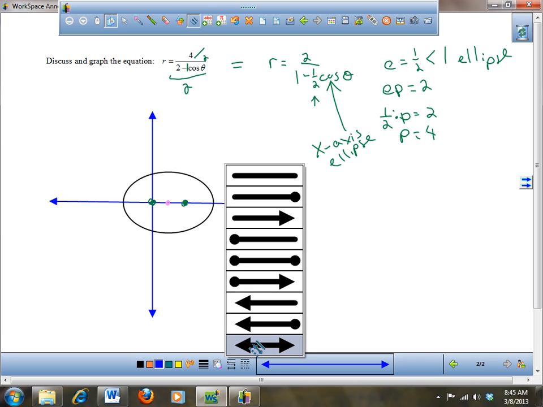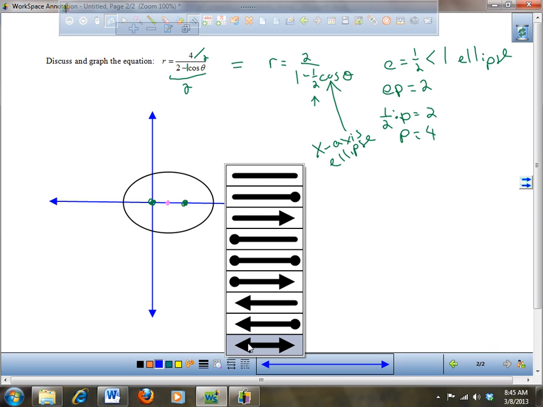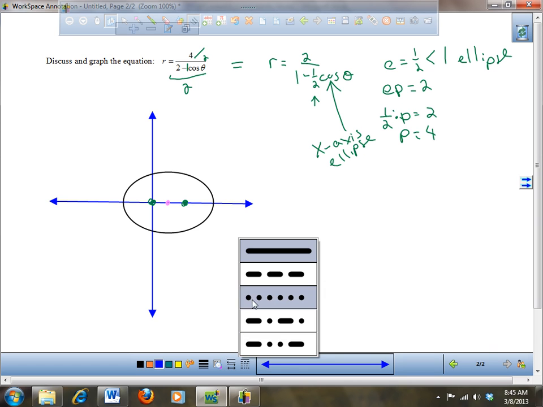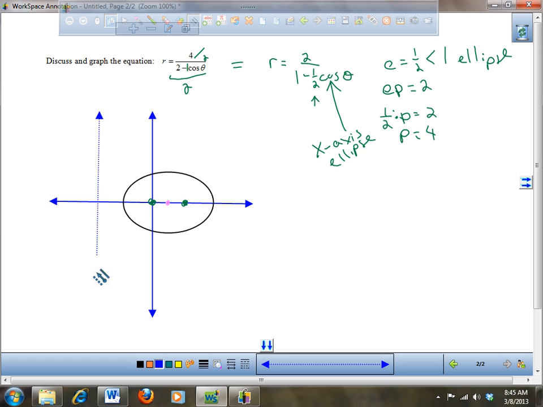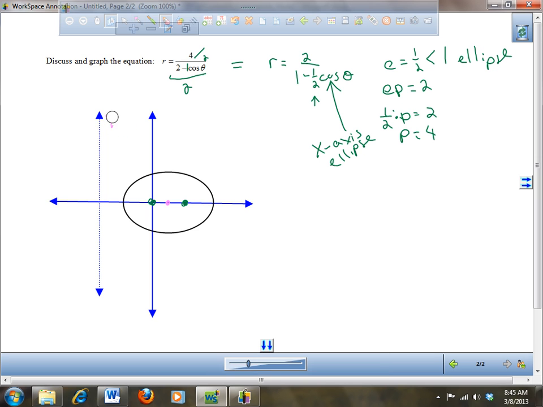Okay? And so I'm going to draw in the directrix to show you. There's a directrix over here, and it's p units to the left of the pole. So this directrix would have the equation x equals -4.